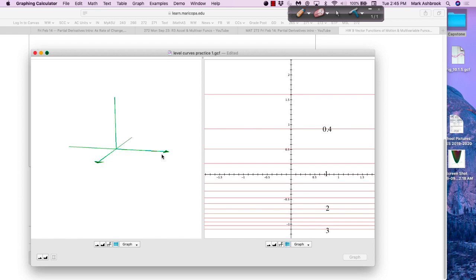This is a contour plot. Because the space in between is increasing exponentially.